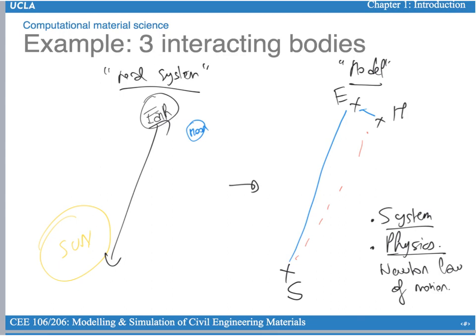So this is an example of the level of simplification that you will need to do when you are building a model, based on the types of problem that you are trying to understand, or the types of behavior that you are trying to predict.